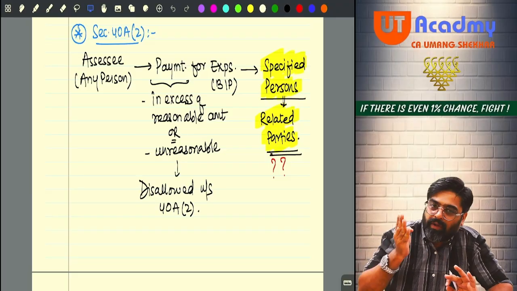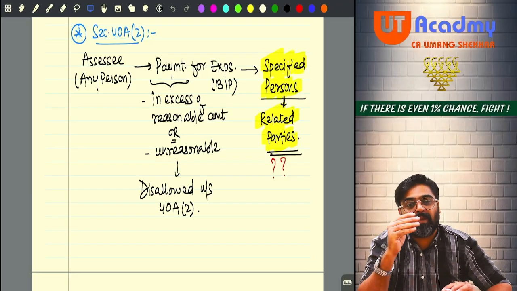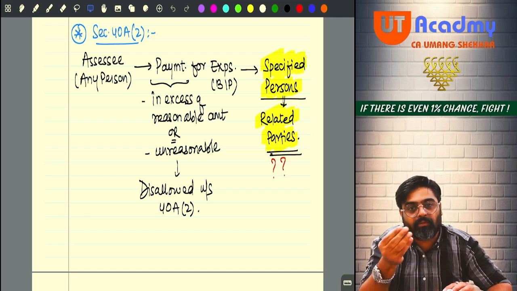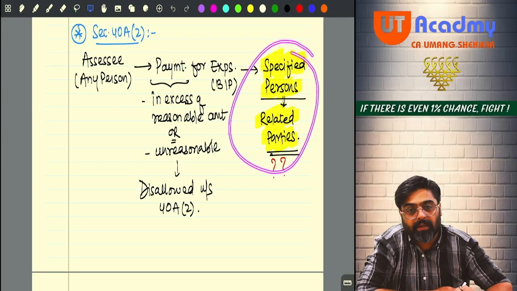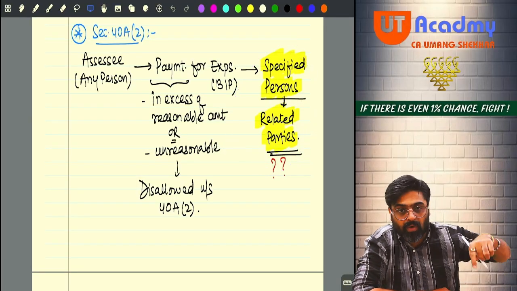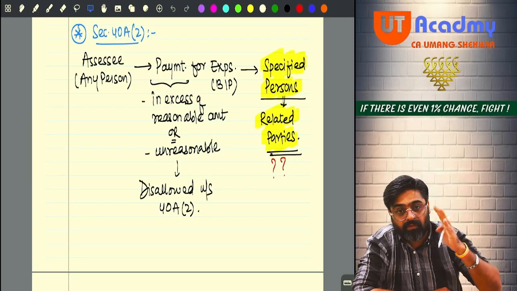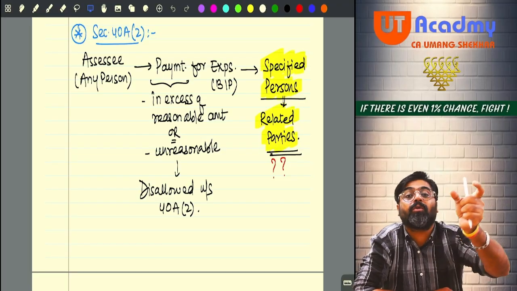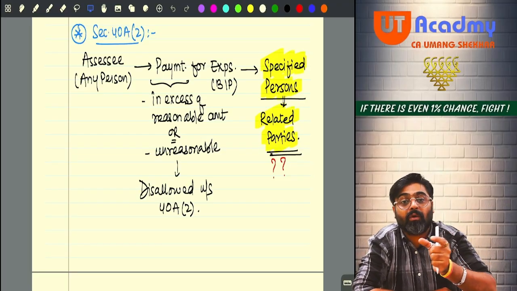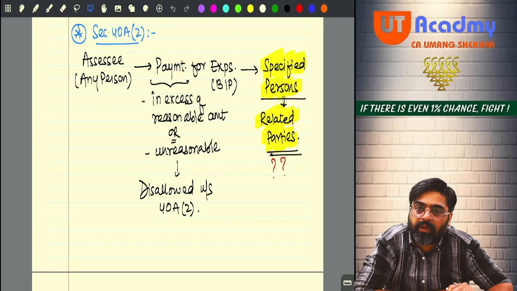So whenever the department will come to know that the business expense or the expense of my profession for which I have made a payment, and that payment is to a related party, and if they conclude they have strong evidences based on which they can disallow the excess amount paid by me, they can disallow the unreasonable payment by taking the help of this section 40A2.